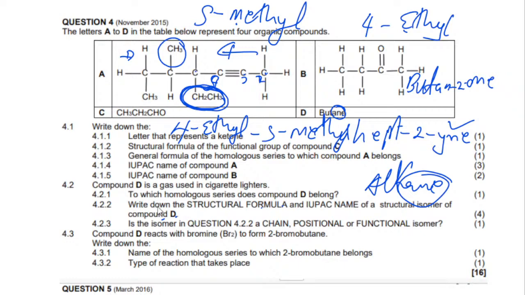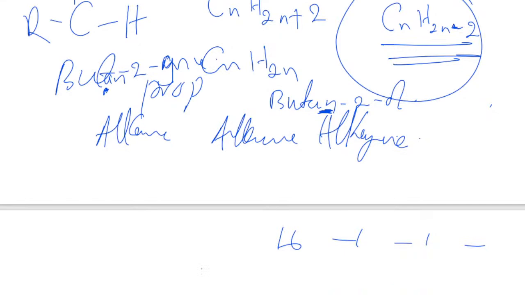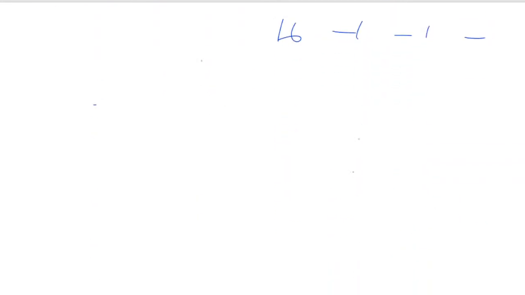So what are you going to write here? Compound D is butane. Let's look at butane. It's 1, 2, 3, 4. So butane is like this. Now I'm going to bring about the isomer.